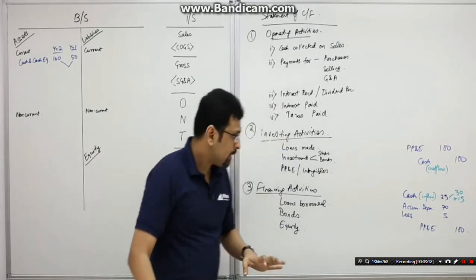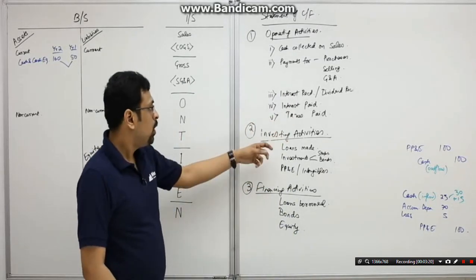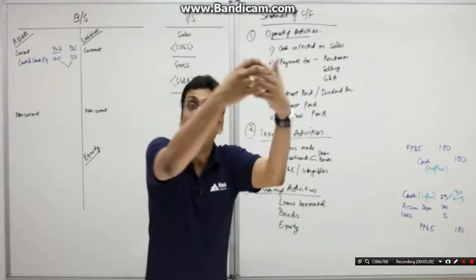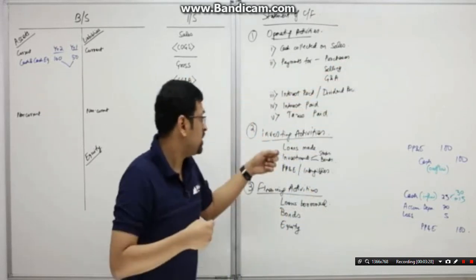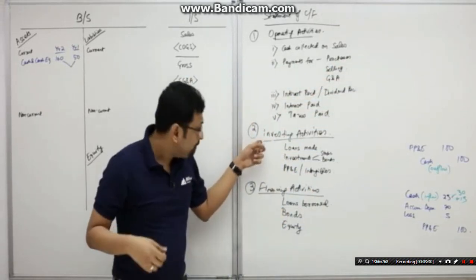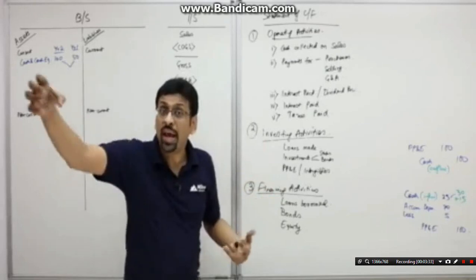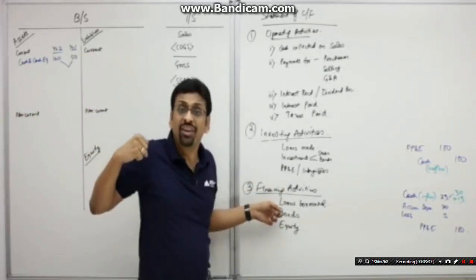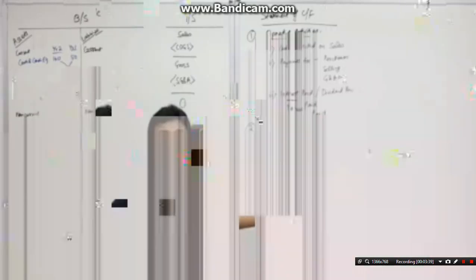So guys, let's compare investing versus financing. When I'm giving loans to others, when I give the loan, it's a cash outflow. When the other party clears off the loan, that is a cash inflow from investing. But now, to run my business, when I borrow a loan from somebody, that's a cash inflow from financing. When I clear it off, that's a cash outflow from financing.